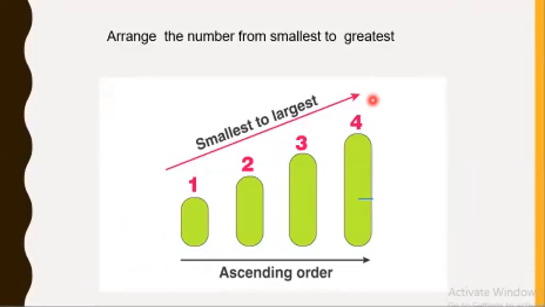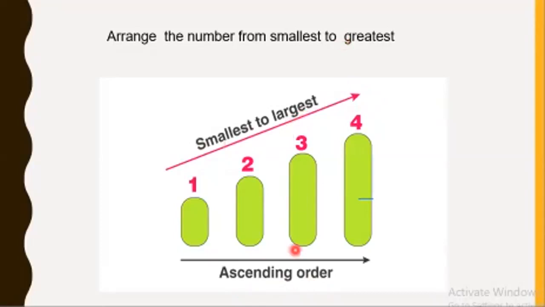The basic idea of this slide is ascending order. Ascending order means arrange the numbers from smallest to largest or greatest. Largest and greatest have the same meaning.